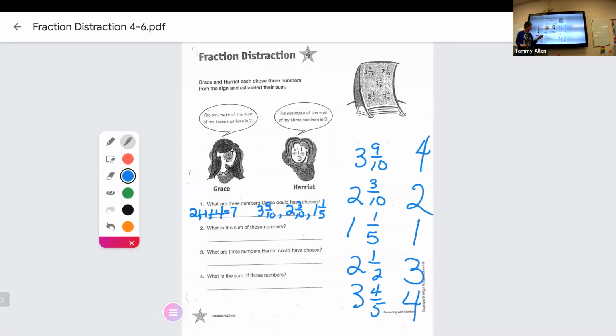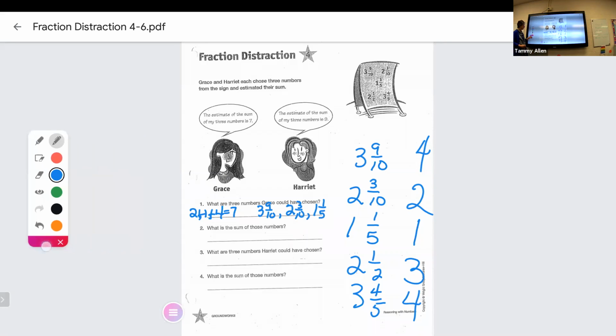And then number 2, what's the sum of those numbers? So we need to do 3 and 9/10, 2 and 3/10, and 1 and 1/5. Okay? These are already at tenths. The only one we need to change over to tenths would be 1 and 1/5. 1 and 1/5 is how many tenths?